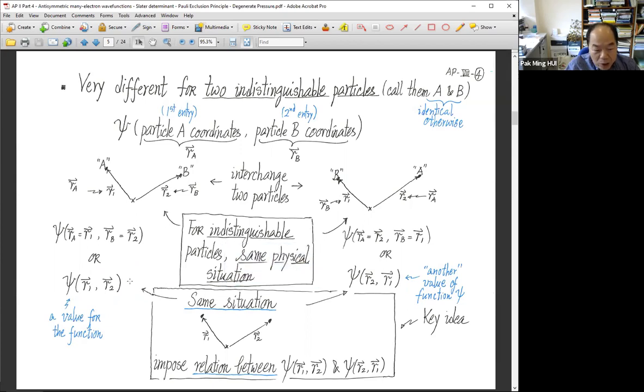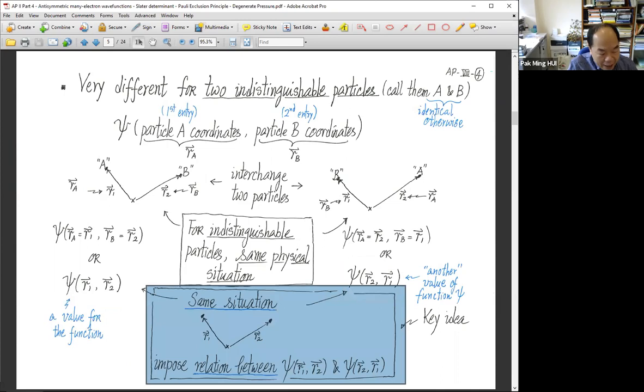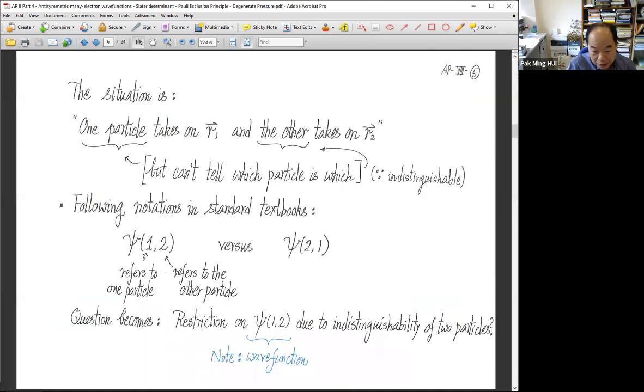Thereby, we would expect some relationship between this number and that number, okay? So the key idea up to here is that they are the same situation. Thereby, there may be some condition relating phi(R1, R2) and phi(R2, R1), okay? Then we exercise quantum physics.